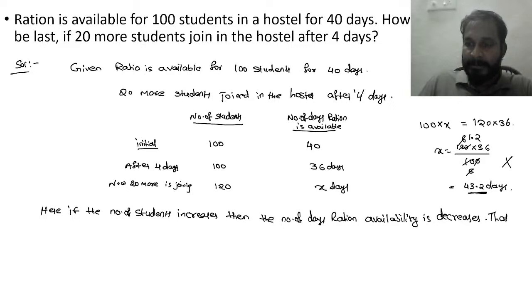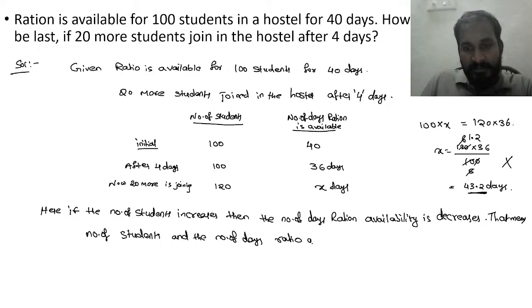That means the number of students and the number of days of ration availability are inversely related.